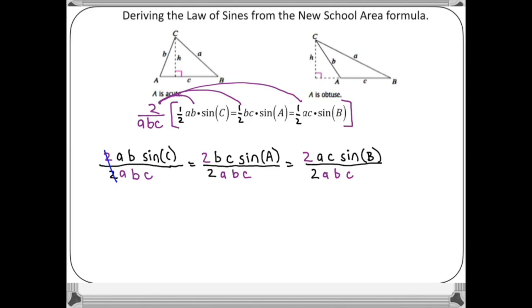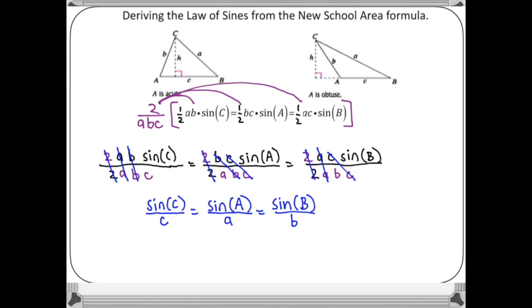The 2's are going to go out, the A's are going to go out, and the B's are going to go out. So we end up with sine C over side C equals, with the 2's, the B's, and the C's going out, sine A over side A, and then with the 2's, the A's, and the C's going out, sine B over side B. This is the law of sines.